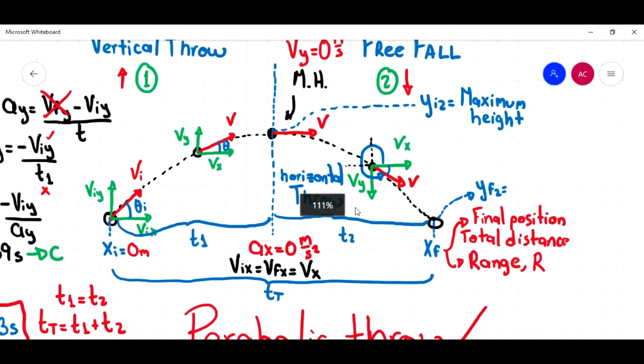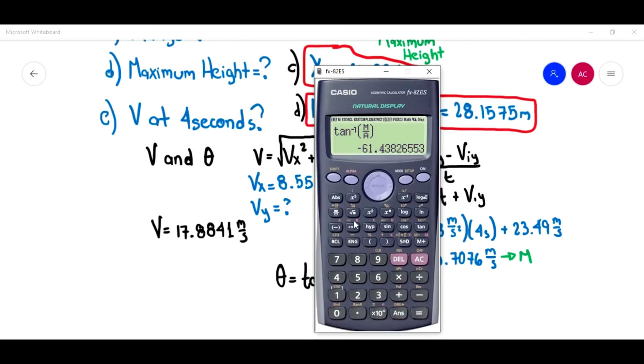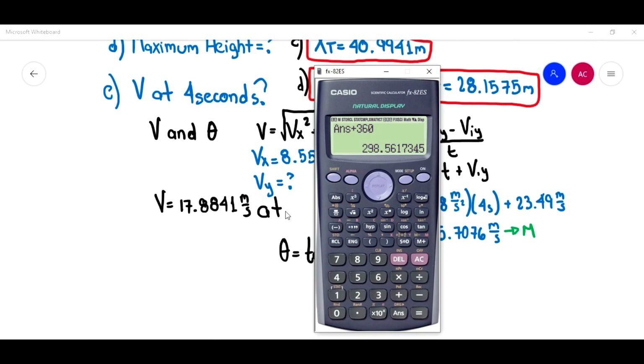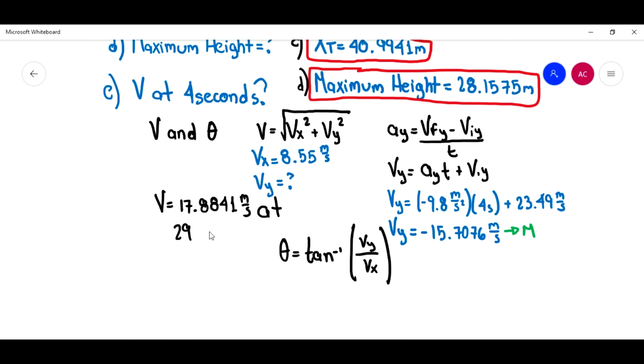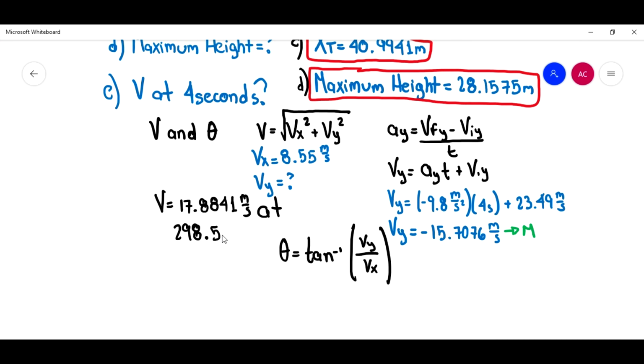So that angle is going to be added plus 360, and that will be the total angle, 298.5617 degrees. I'm going to circle this one, and that is letter E.